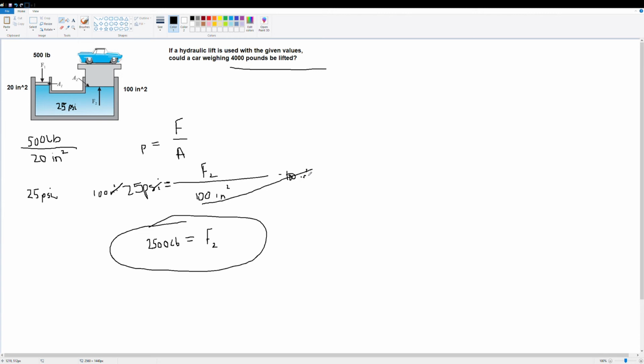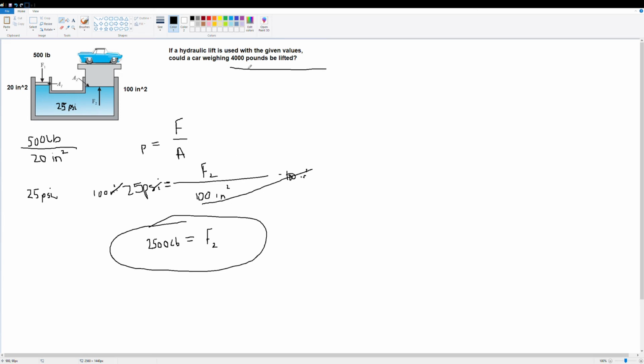All right, now that you've thought about it, the two things you could do are, one, you could increase this input force of 500 pounds. If I increase that to 1,000 pounds over 20 square inches, then I'd produce 50 psi. And 50 psi times 100 square inches would give me 5,000 pounds. And that would be enough to lift that 4,000 pound car.